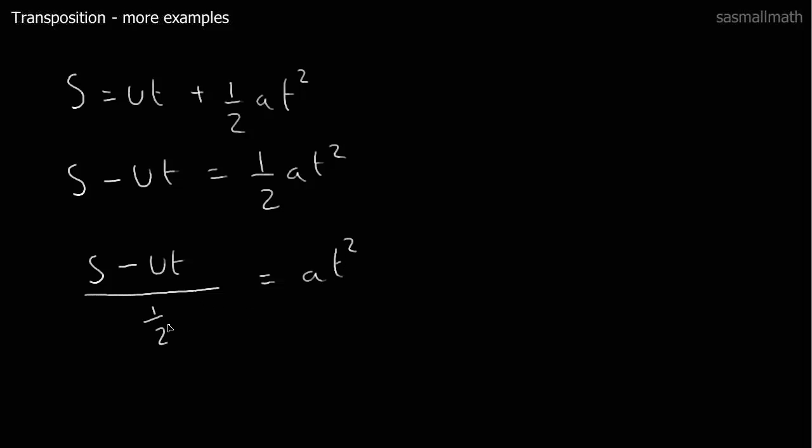And if you remember your rules from fractions, then to divide by a half you turn it upside down and multiply. So that's why that becomes 2s minus ut equals a t squared. And finally we'll get rid of the t squared, it's multiplying a, so we divide both sides by that.